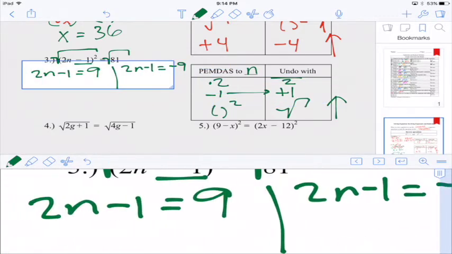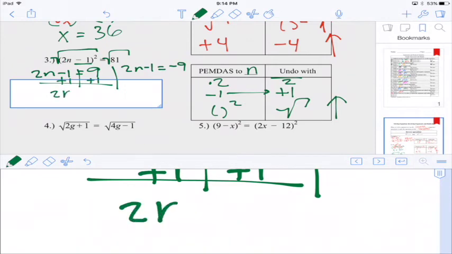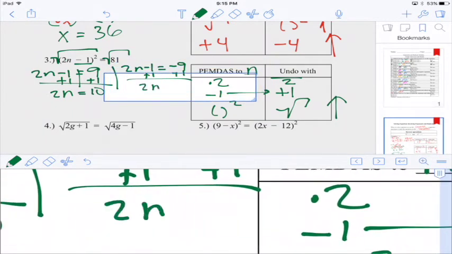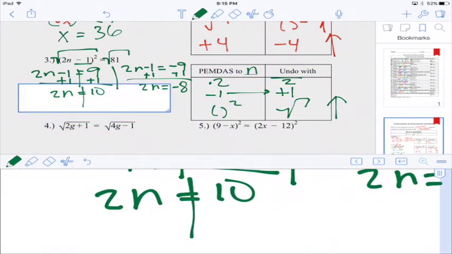Then we're going to add 1 to both sides. We get 2n equals 10. Now on this side, I'm going to solve it the same way. 2n equals negative 8. Now remember, I'm going to divide by 2. So I'm going to divide this by 2.